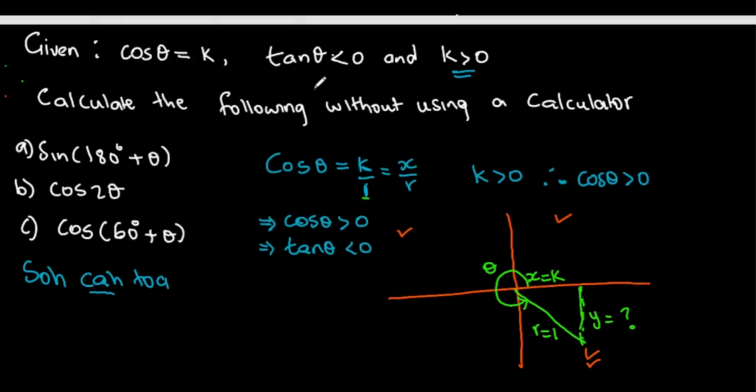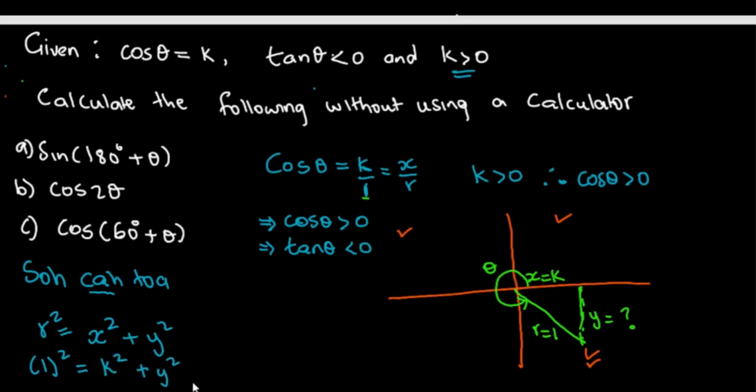We need to use the Theorem of Pythagoras. Remember, r squared is equal to x squared plus y squared. So the value of r is given as 1 squared. It's equal to the value of x, which is k. So this will be k squared plus y squared.